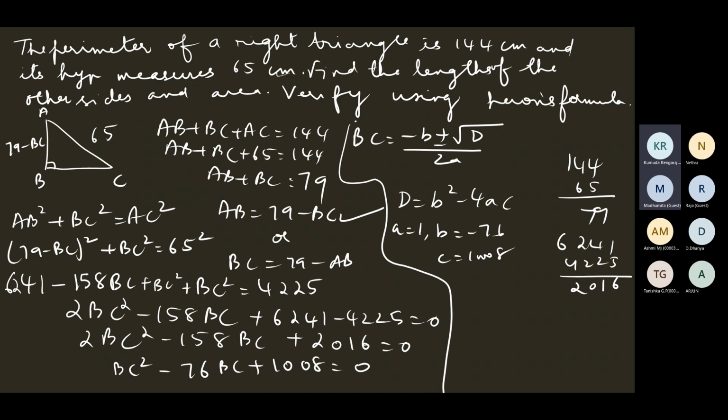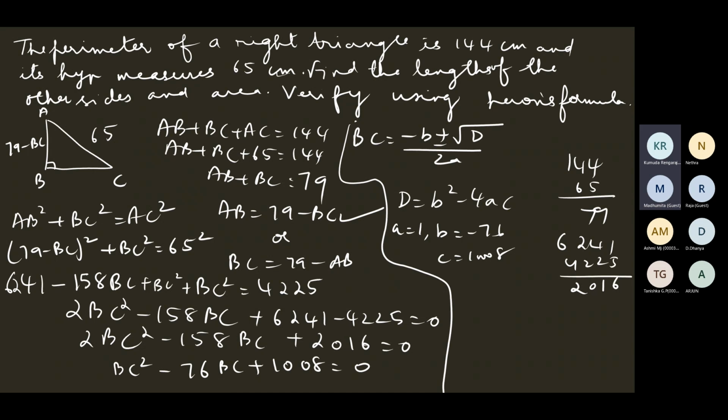Okay, so you say you get something like 16. Now BC is equal to minus B, that is minus of minus 76, plus or minus root D, whatever you get for D, by 2A. You should put the values there. First you'll get the value of BC using the plus sign, then with the minus sign. So you'll get two values for BC.